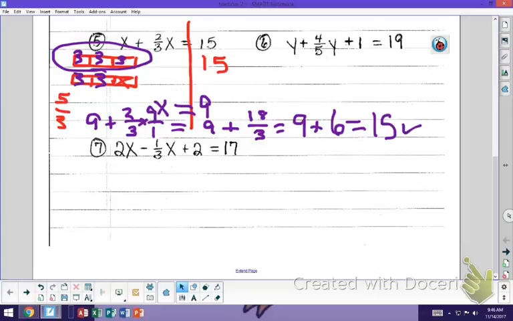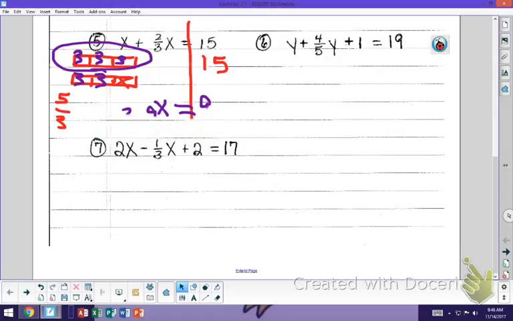I'm going to erase the check so that we have room for number 6. Now rewrite that in there. X equals 9. Okay, so we're going to draw my line.